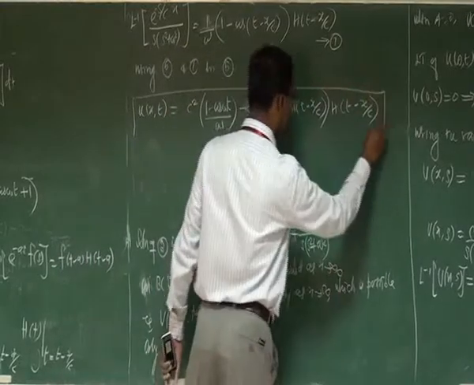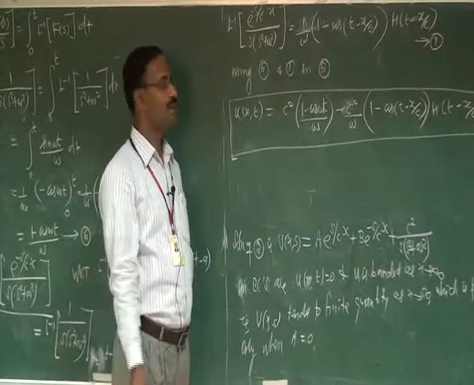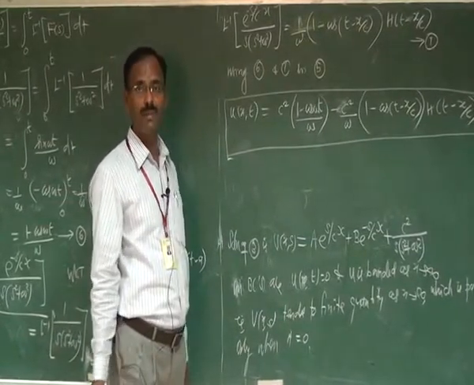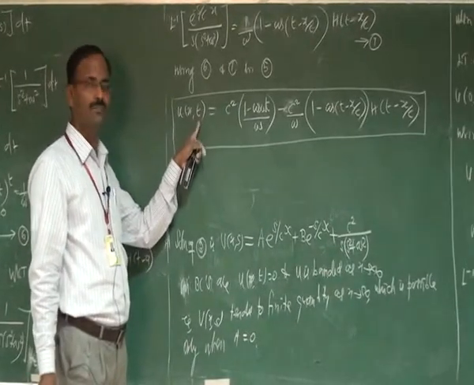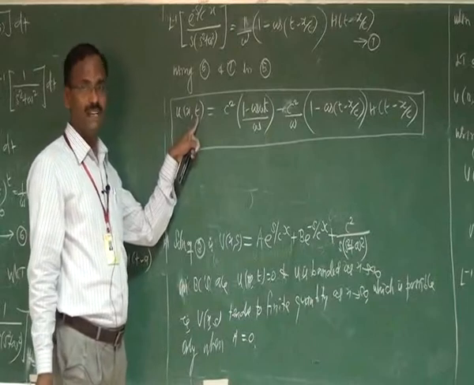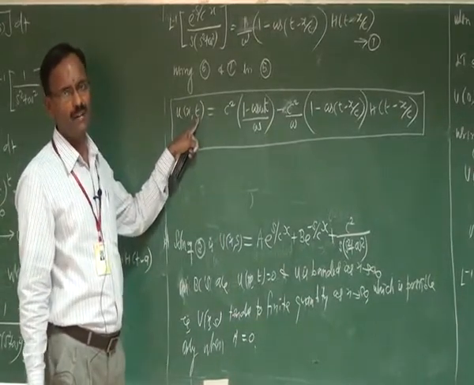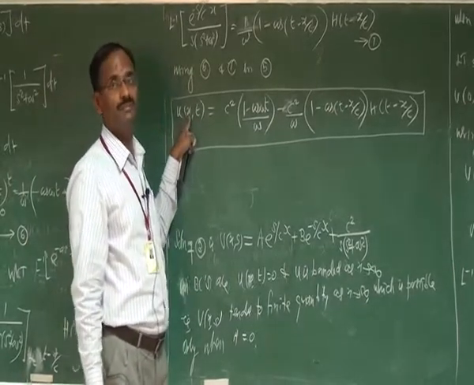So this gives the solution of the one-dimensional wave equation by the Laplace transform method. The actual meaning is that u of x comma t gives the displacement of the particle at any time t, at a distance x units from the origin.